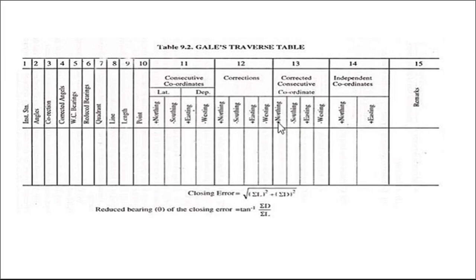And then here the northing is equal to southing and easting is equal to westing, meaning there is no error. And then we have to choose the coordinates of the common origin in such a way that all traverse points should fall in the first quadrant, or we can say in the northeast quadrant. So here we can calculate the independent coordinates.